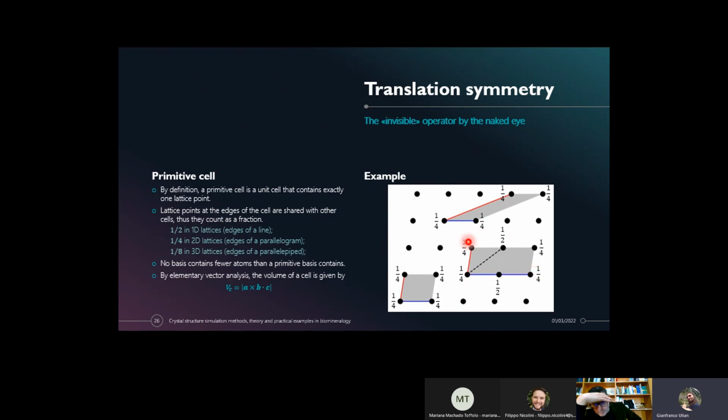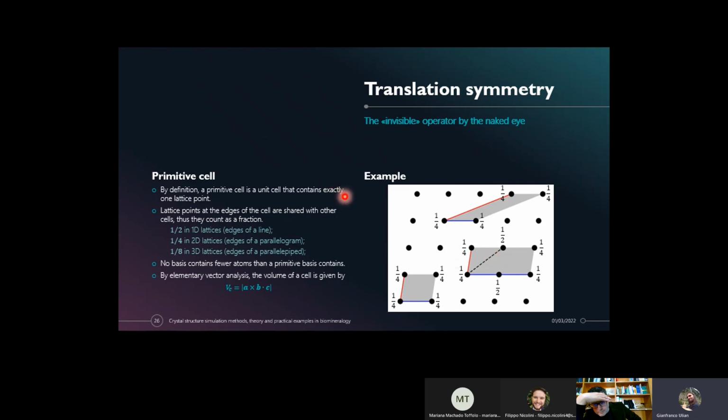Because you can see we have 1/4 here, 1/4 here, and here, and this counts as 1. But this dot here, if we repeat this lattice, counts as 1/2, 1/2 here, 1/2 here. So we have 2 lattice points here. So this is not a primitive cell. This is a generic unit cell.